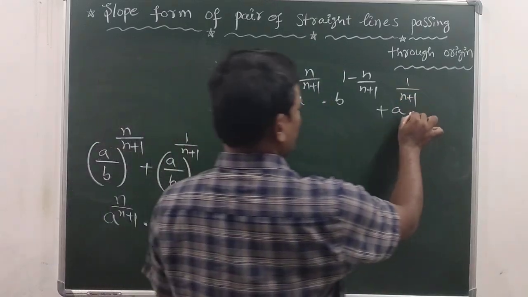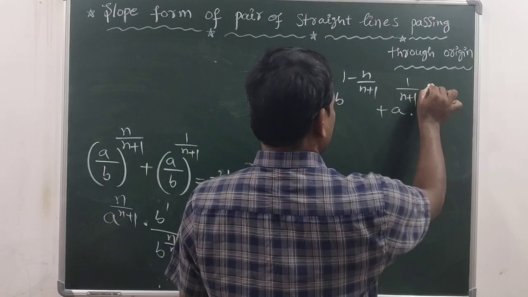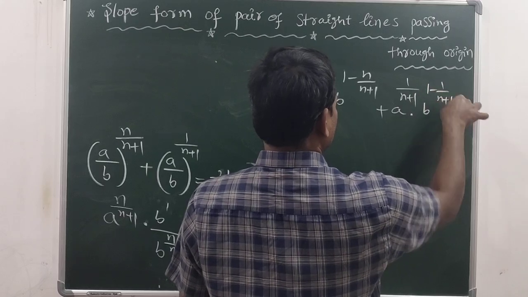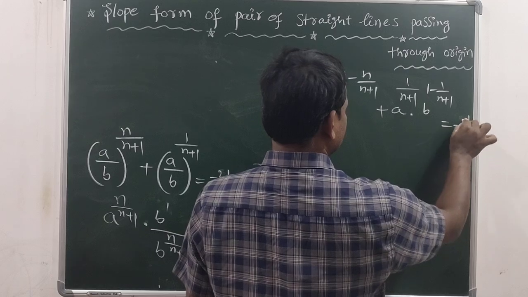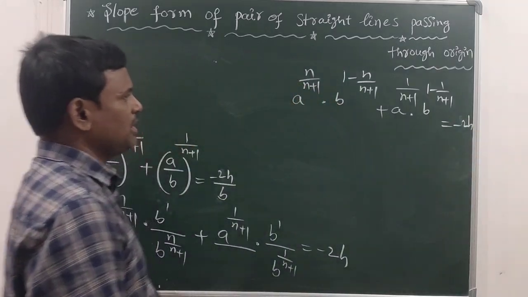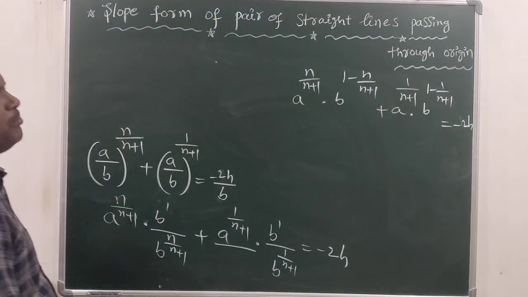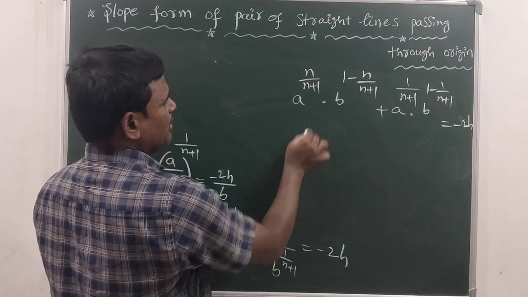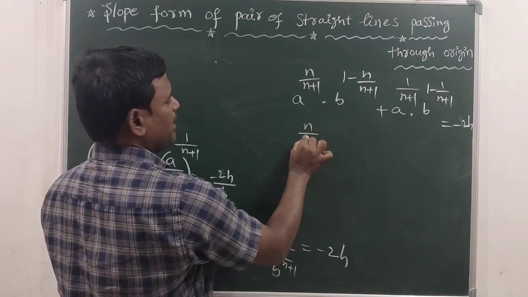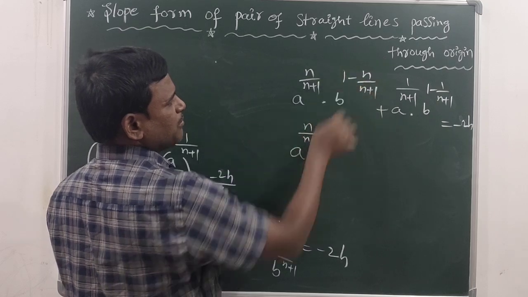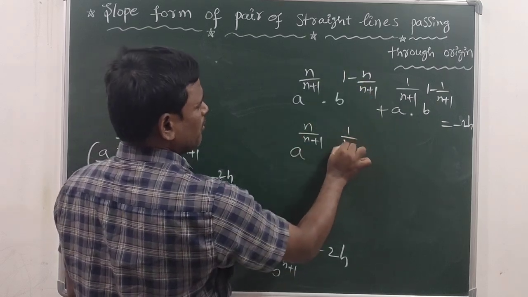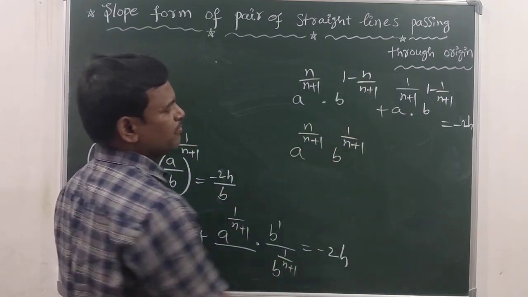When it goes to the numerator, b power 1 minus 1 by n plus 1, which is equal to minus 2h. Now simplify that. It is going to be a power n by n plus 1, and here plus n minus n cancel, b power 1 by n plus 1 you will get.